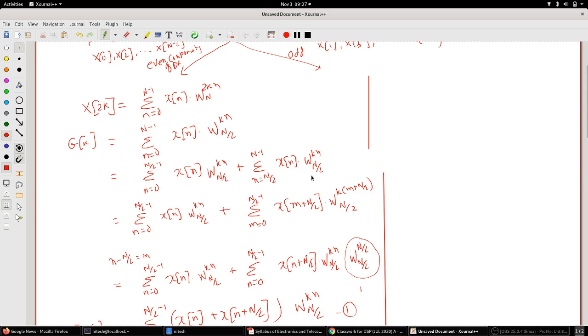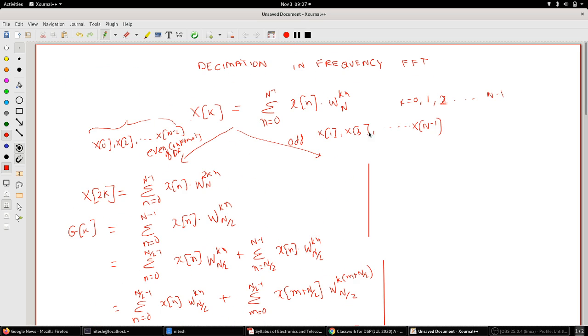Clear? So now the odd components you have x of 2k plus 1 will be equal to summation n equal to 0 to n minus 1 x of n into w 2k plus 1 into n upon n.